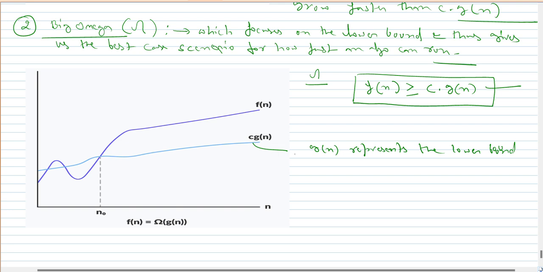The constant c scales this function downwards, ensuring that the function f(n) never drops below g(n). So after this threshold value of n, which is n naught, you can see that f(n) is always above this function g(n).